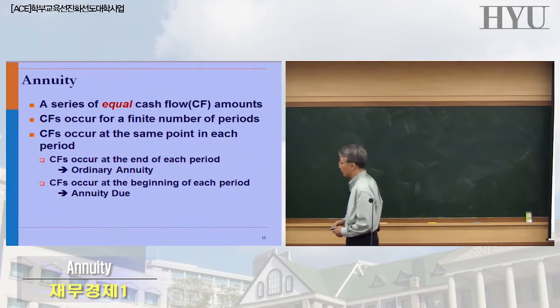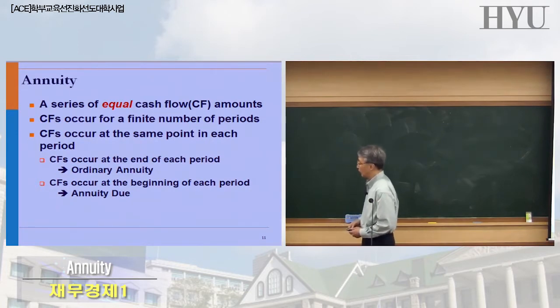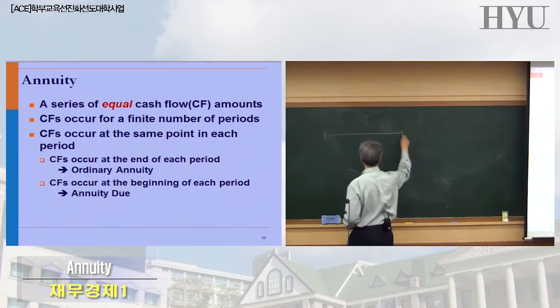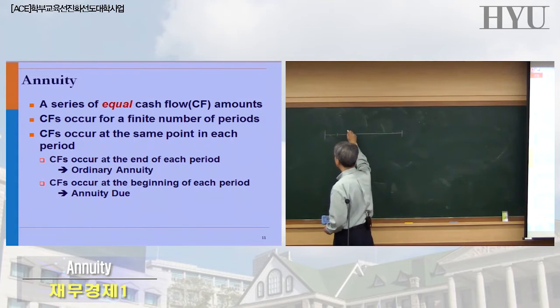Annuity is a series of equal cash flow amounts, and the cash flows occur for a finite number of periods. That's another condition. And cash flows occur at the same point in each period. So what we're talking about is when we have a timeline, as we've discussed last class on Tuesday.